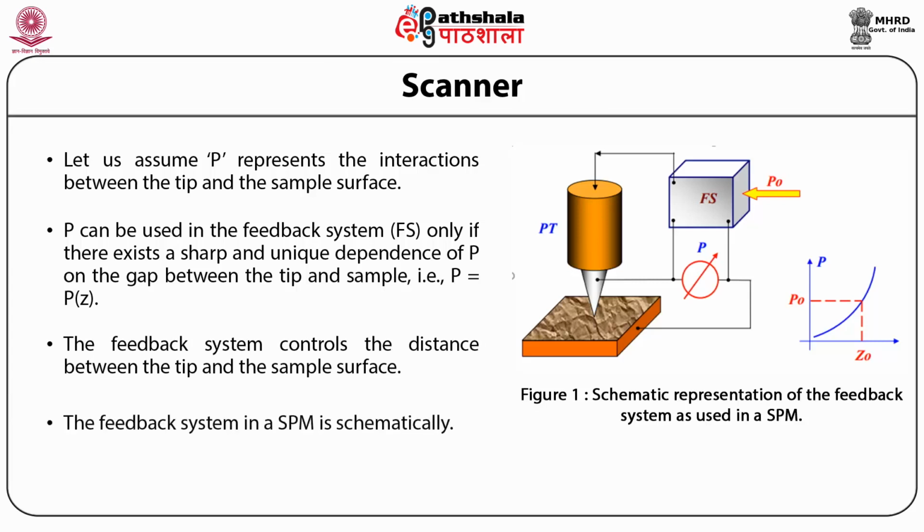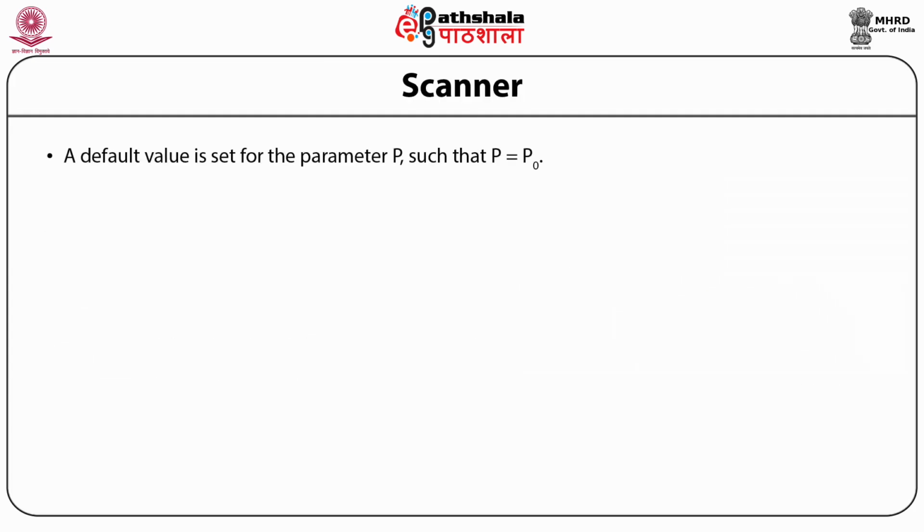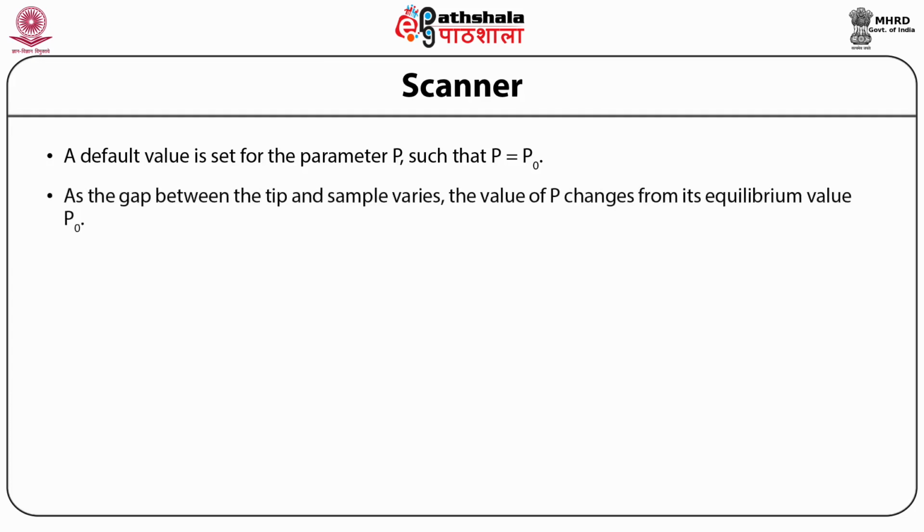The feedback system in a scanning probe microscope is schematically shown in figure 1. A default value is set for the parameter P such that P is equal to P0. The feedback system then maintains this value of P. As the gap between the tip and the sample varies, the value of P changes from its equilibrium value P0.